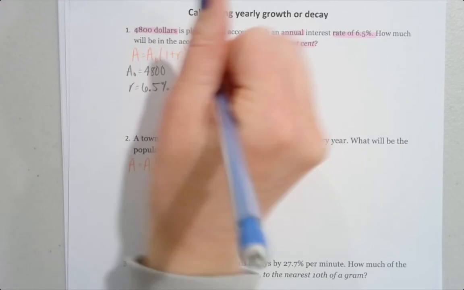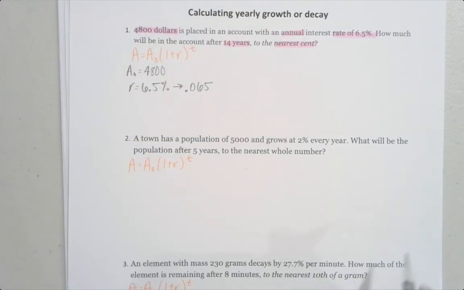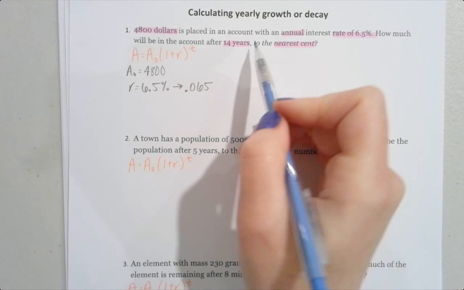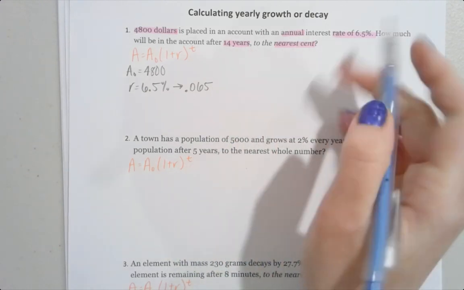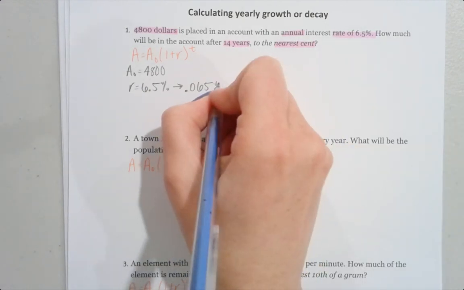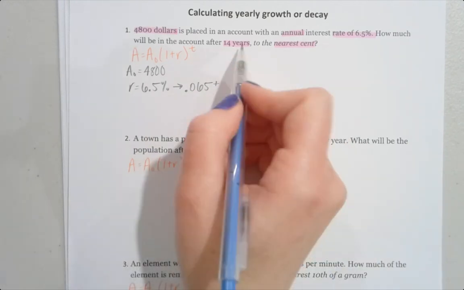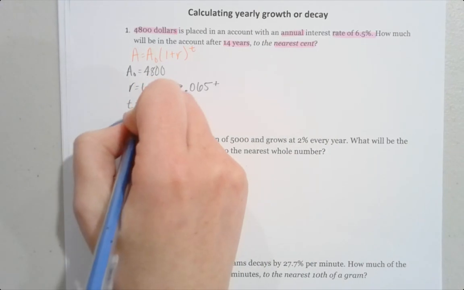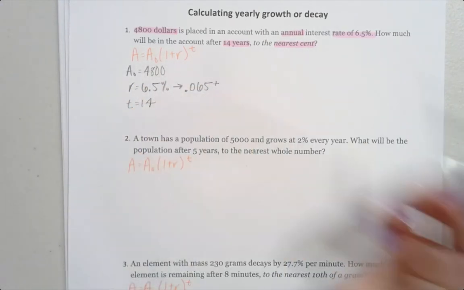So if I turn that into a decimal, it is 0.065. Since we are talking about money in a bank account gaining interest, we're going to add this rate. So I like to just put a little plus to remind myself of that. And then it says how much will be in the account after 14 years. 14 years is our time. And we're going to round to the nearest cent. So it looks like we have all the variables that we need.